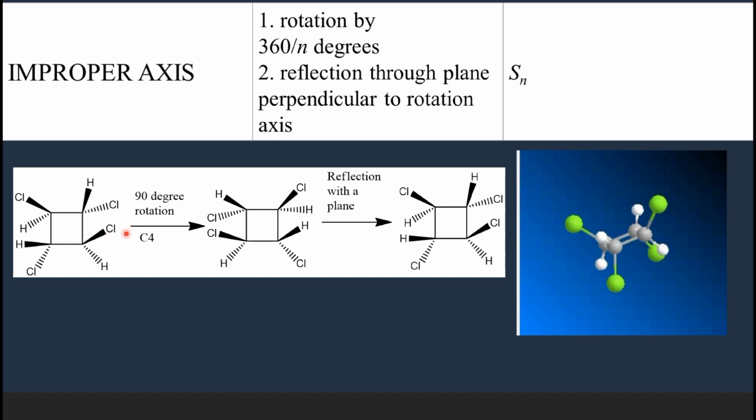So a rotation followed by reflection gives a structure that is equivalent to the original, and this operation, rotation followed by reflection operation, is called improper axis of rotation. And if you are rotating the molecule by angle theta, then 360 by theta will give the order of improper axis of rotation n. Let us see that with an animation now.